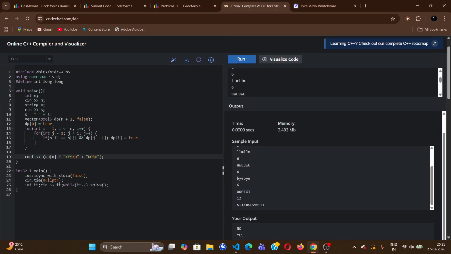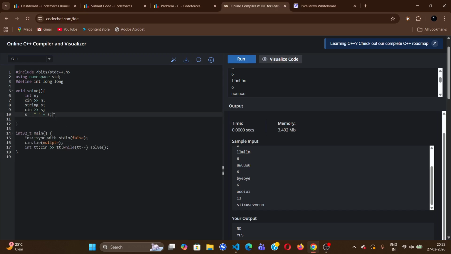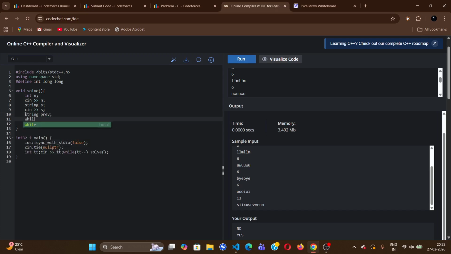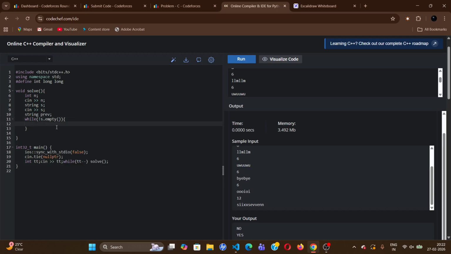In each iteration, it will reduce by n by 2. I will not have s dot empty. S dot empty. Now we'll go from here. Okay, previous.